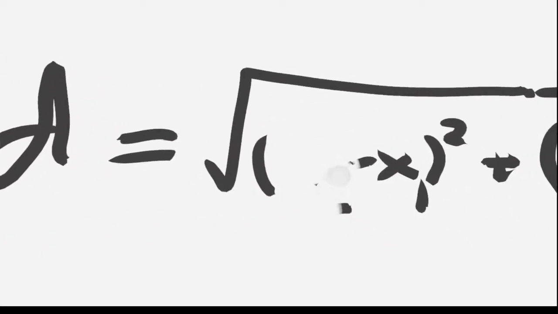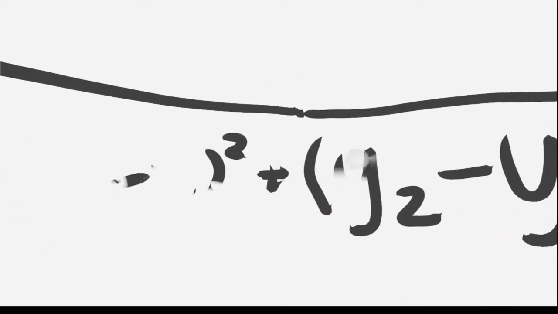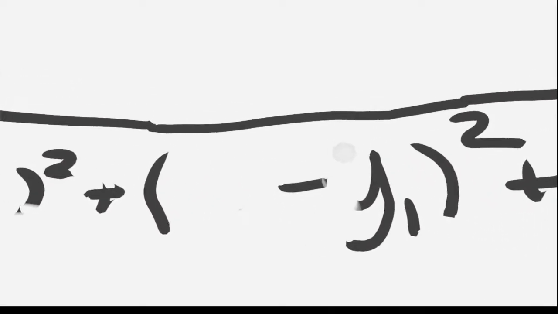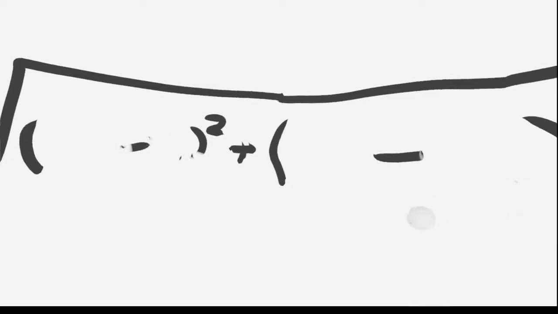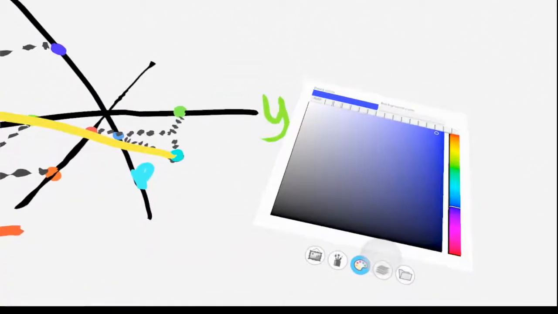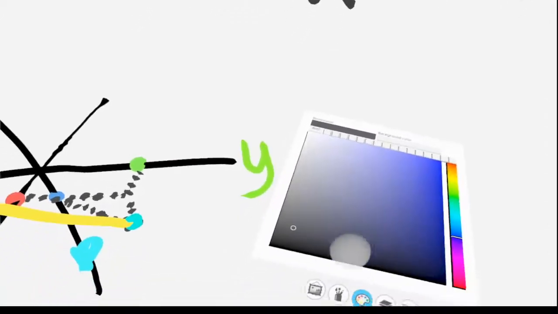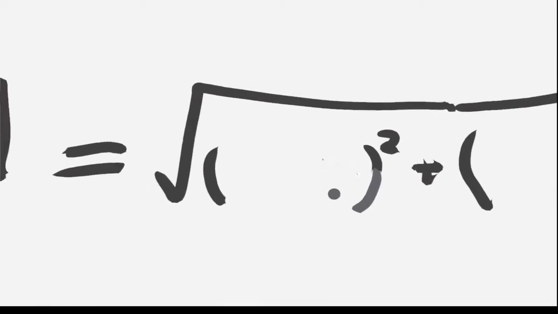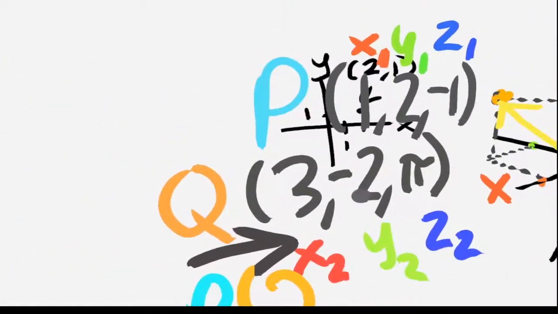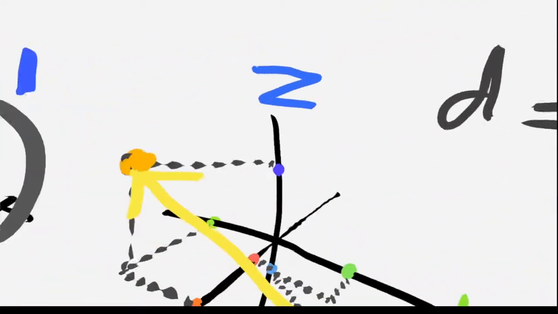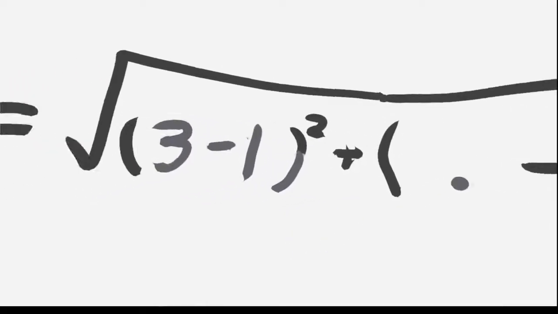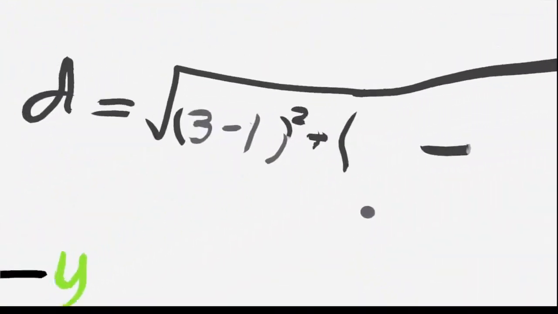Okay, so if we plug them all in, let me erase this first. Start with x2. x2 is going to be 3. 3 minus 1. y2 is negative 2.